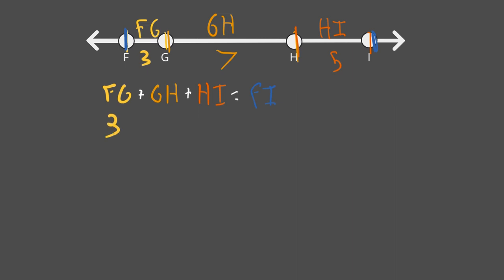We have 3, 7, and 5. We will add them all together and equals 3 plus 7 is 10, plus another 5 is 15. So our grand total is 15. So our final answer is FI equals 15.